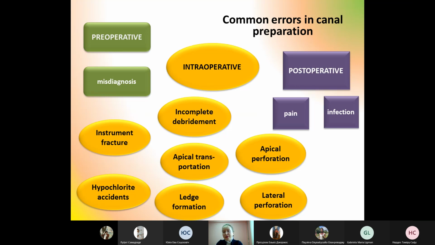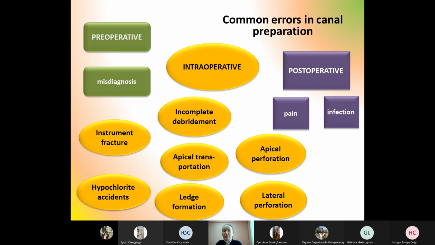And postoperative errors are such as pain and infection. In a case if there is postoperative pain, possibly some parts of necrotic dentine were left, or infection was forced through the apical hole due to inappropriate instrumentation of the root canal, and reinfection occurred.